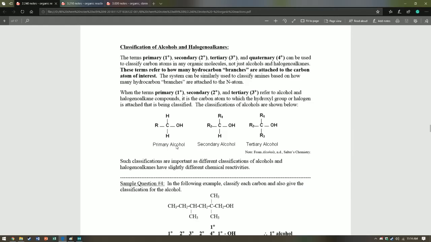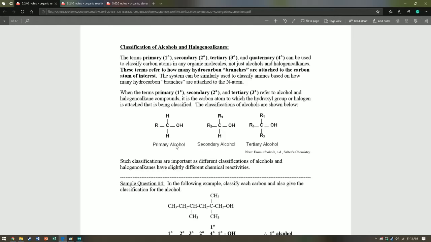Now the next bit we talk about is partial oxidation of alcohols, but before we do that, we need to first learn how to classify alcohols. We can use the terms primary, secondary, tertiary, and quaternary to describe carbon atoms in any organic molecules, not just alcohols and halogenoalkanes.